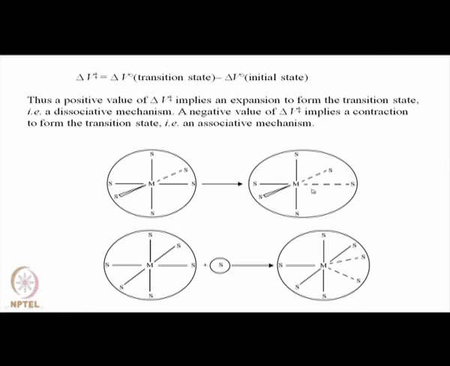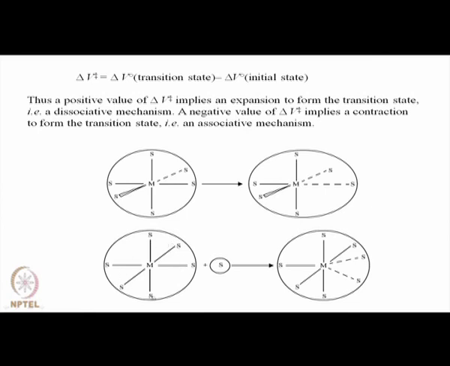Dissociative mechanism means from here to here, and a negative value of delta V activation implies a contraction to form the transition state, that is, an associative mechanism. This is an associative mechanism, and this is a dissociative mechanism. Here the bond is stretched for dissociation, so the initial volume is less and the final volume is more.